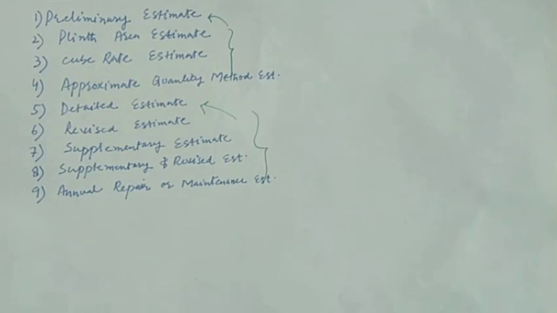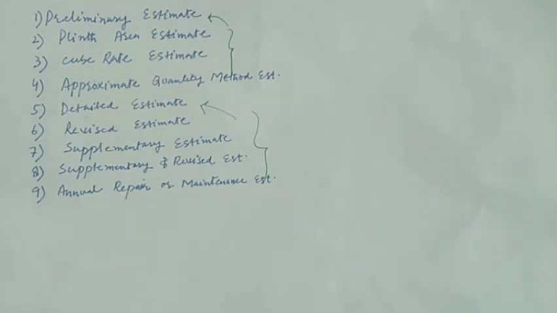Now, first of all, talking about the preliminary estimate, it is also known as the approximate or the abstract estimate, which is prepared in a short time in order to find out the approximate cost of our project.